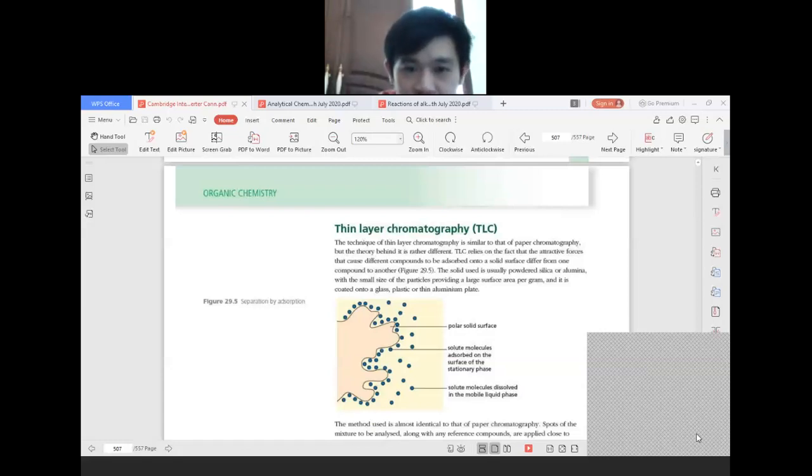In TLC, the separation is by adsorption. So we know there are two: one is partition and the other is adsorption.